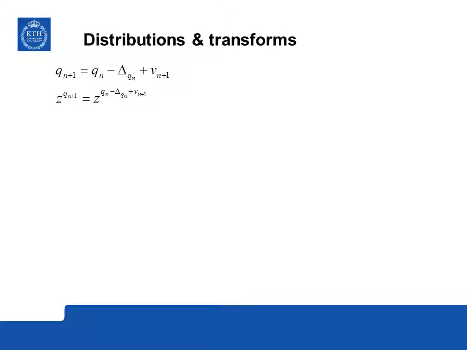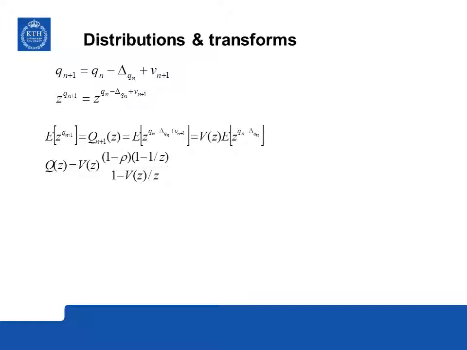We can also continue to derive the distributions of the number of customers in the system and the distribution of the delay. And the trick used there is to use the transform techniques, and we compute first the z transform of the queue length.